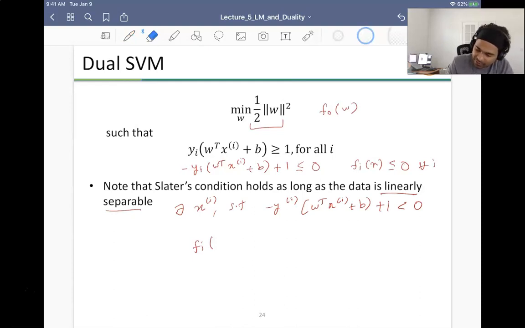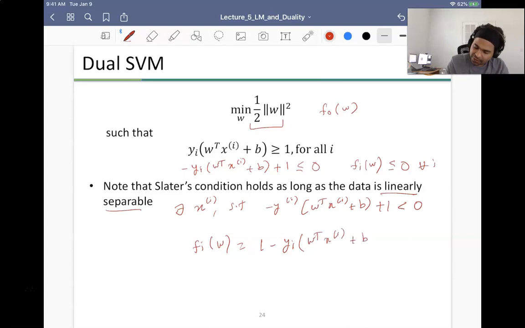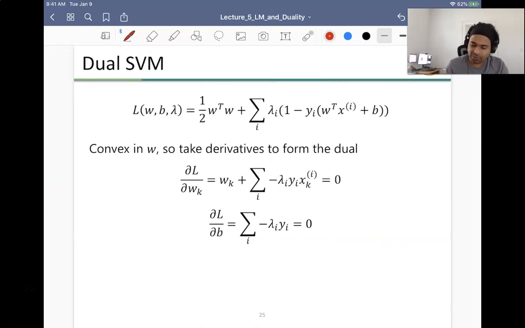Similarly, I have fi of w, which is basically 1 minus yi of w transpose xi plus b. That's exactly what comes over here. So this is my f0 of x, and this term is lambda multiplied by fi of x, summed over all i. So we have set up the Lagrangian.